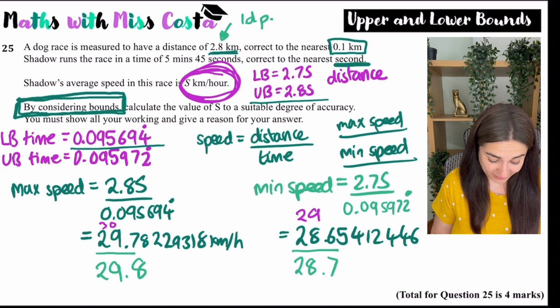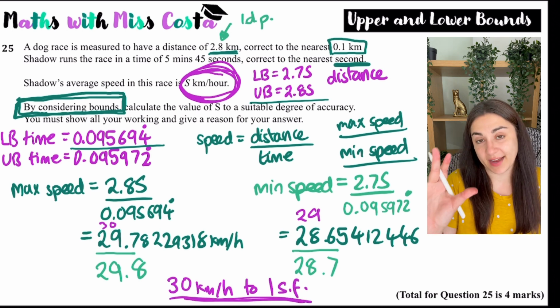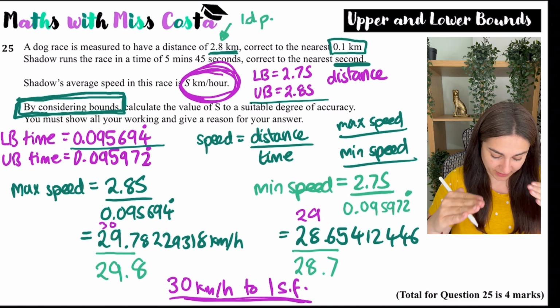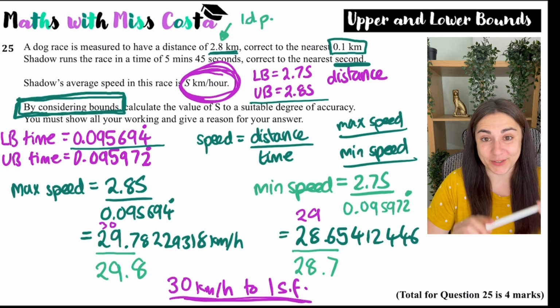So I'd have to actually round it to one significant figure. So I'd say 30 kilometers per hour to one significant figure. And if you had the other two values, you would have just got two values that are in between, and you would have come to a similar conclusion. But that is how we do bounds.